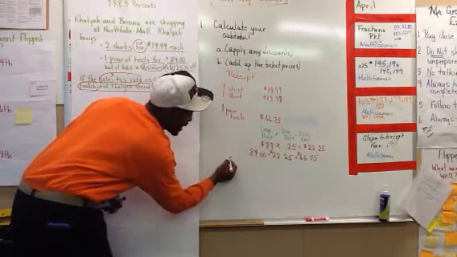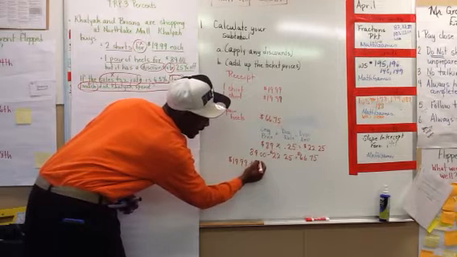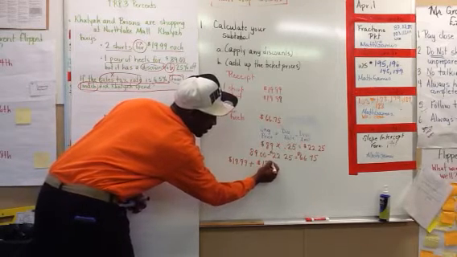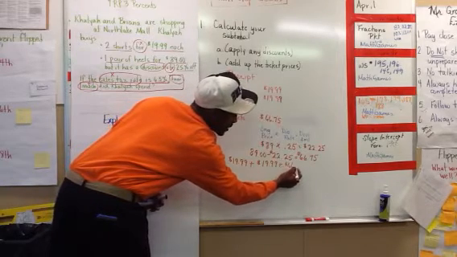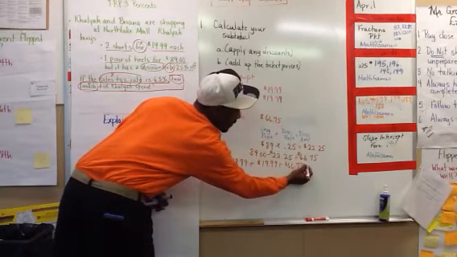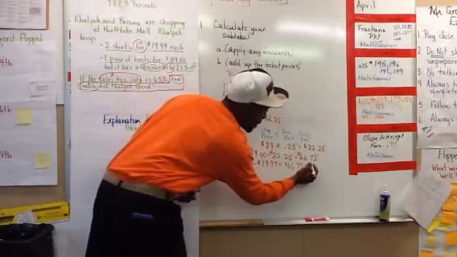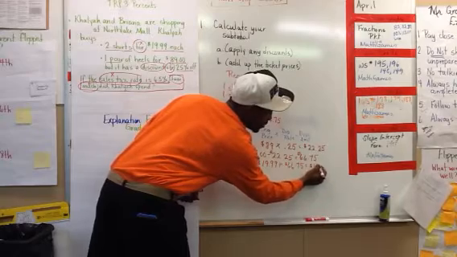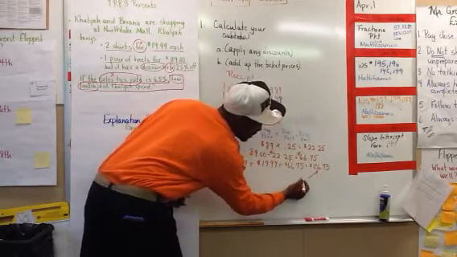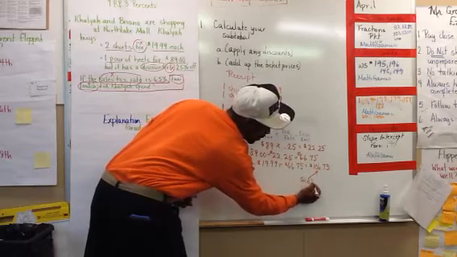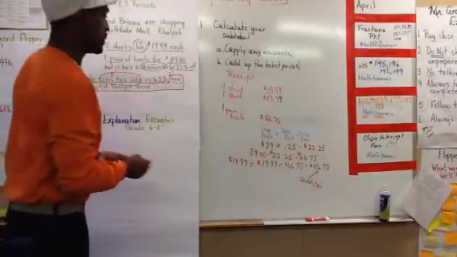When I do $19.99 plus $19.99 plus $66.75, what do I get? $106.73. That's our subtotal.